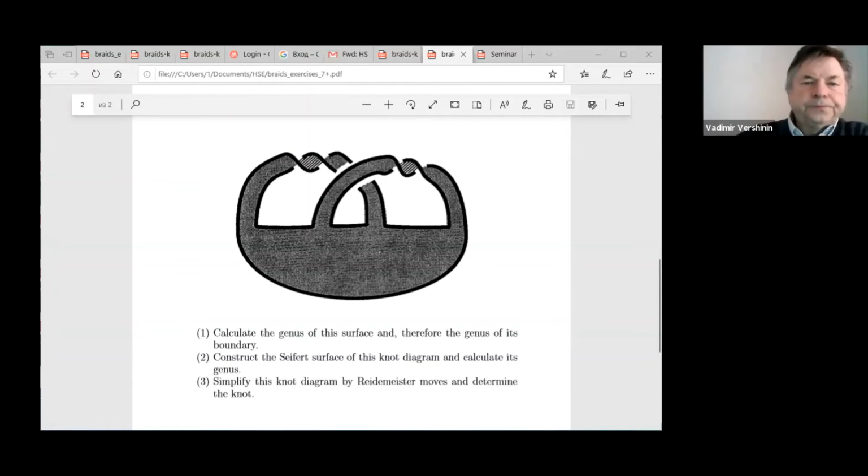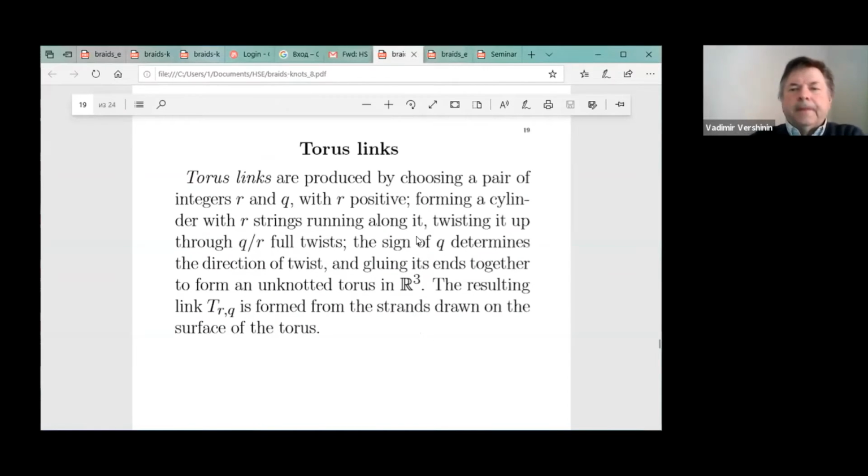Okay, but we didn't finish the previous thing, the torus links. Torus links are produced the following way.